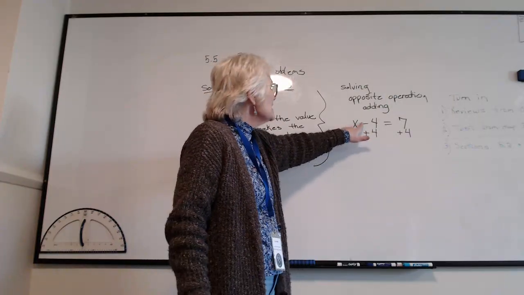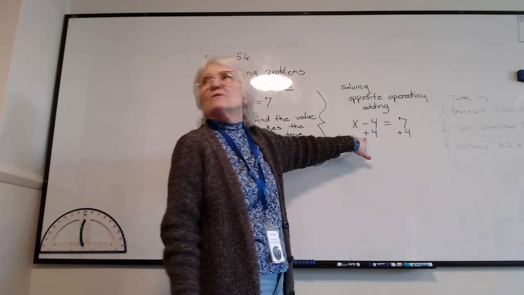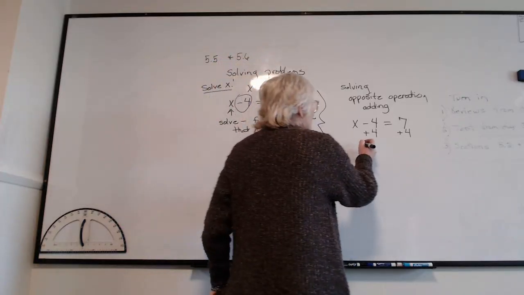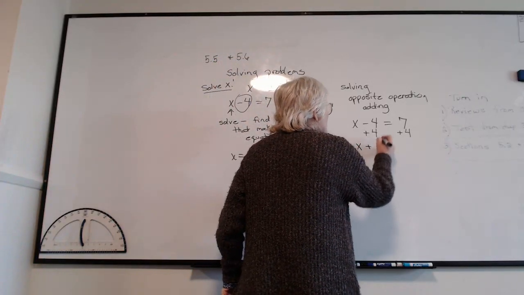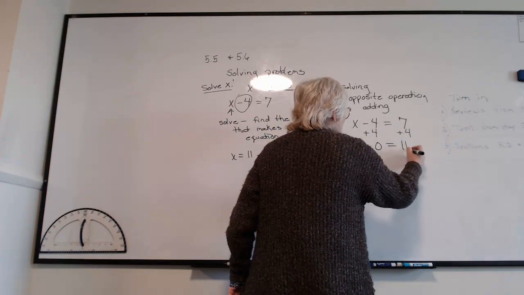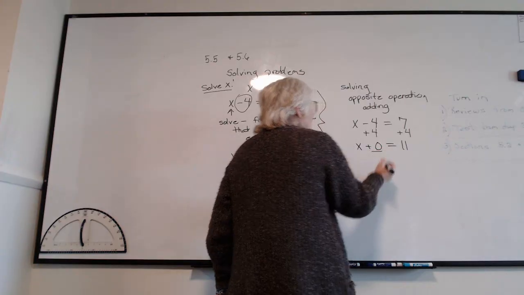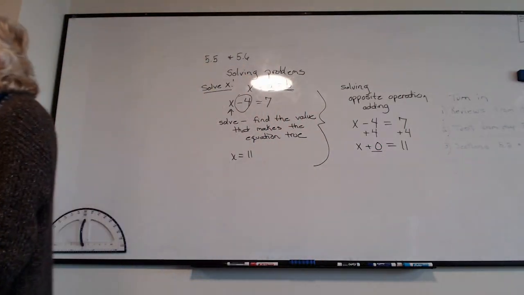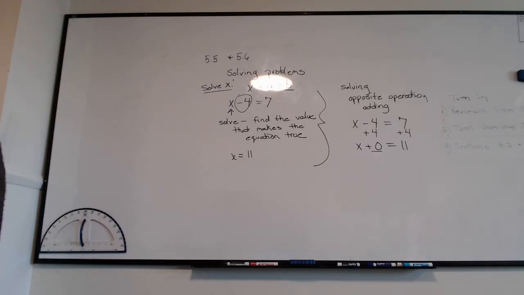Because what does negative 4 and positive 4 equal? Yes, 0. So if I have x plus 0 equals 7 plus 4, which is 11, do I have to write x plus 0? No. I do not have to write x plus 0 equals 11.